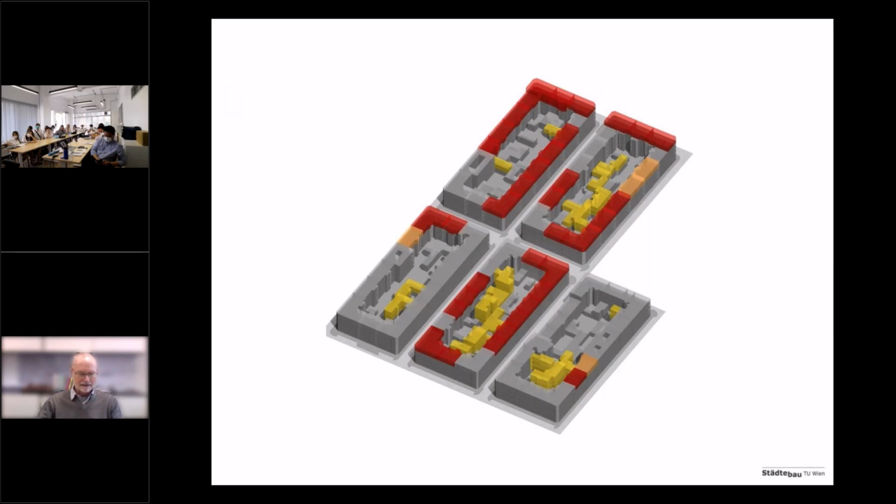Because of the huge density, we hardly could have natural light in the apartments on the ground floors, at least in the rooms that are facing the courtyards.